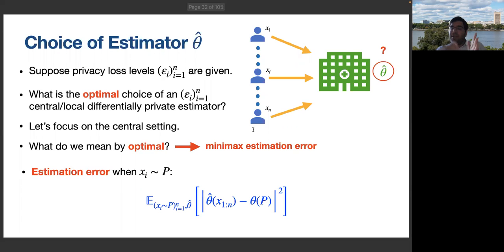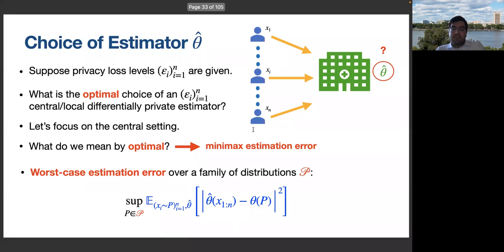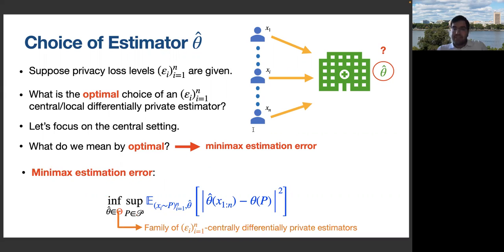By estimation error, when data of users are drawn from some distribution P, we simply mean the mean square error, or L2 norm squared, of the difference between theta hat, the estimator, and theta, the true mean corresponding to this distribution P. We assume that this P belongs to a family of distributions, calligraphic P. And by worst case estimation error, we mean the supremum of the estimation error over all the distributions from this family calligraphic P. Finally, when we say an estimator is minimax optimal, we mean that among all the estimators that are epsilon_1 to epsilon_n centrally differentially private, it achieves the lowest worst case estimation error.